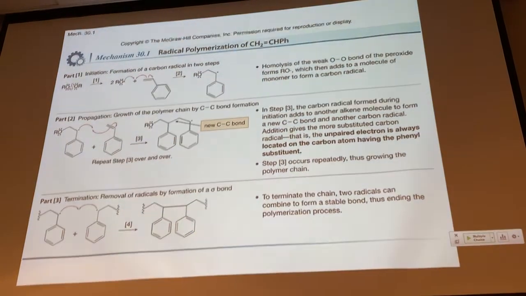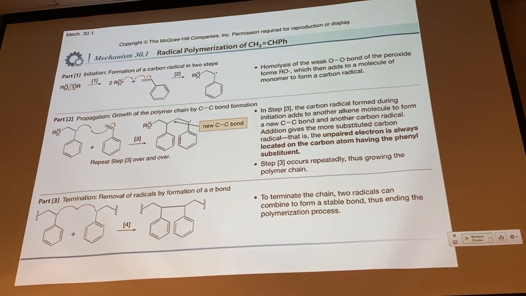So let's take a look at a mechanism for radical polymerization of styrene. This molecule here has a common name, styrene. When it is polymerized, it generates polystyrene. Polystyrene is the principal component of styrofoam. Okay, so the initiation involves a radical initiator such as a peroxide.